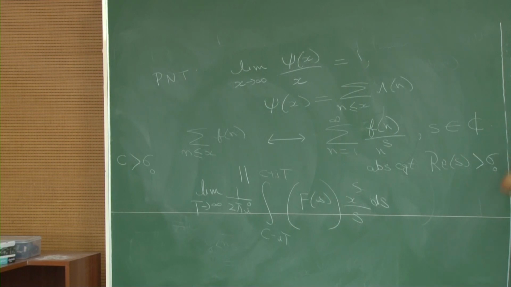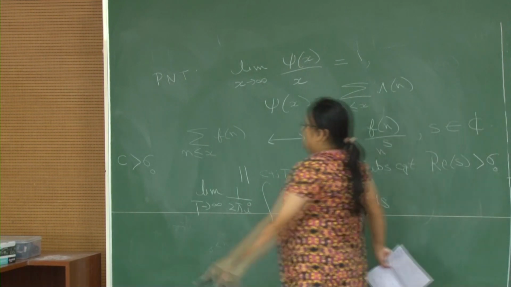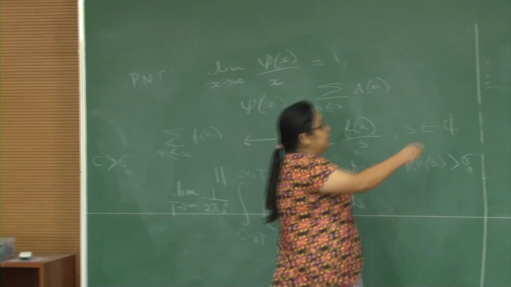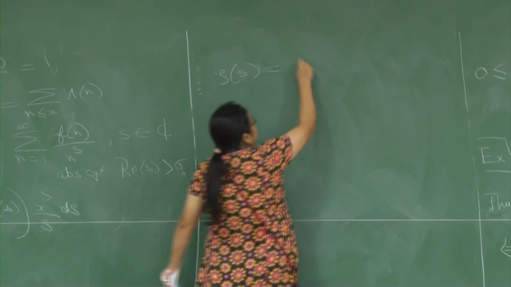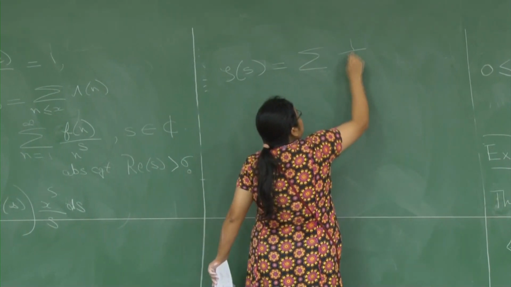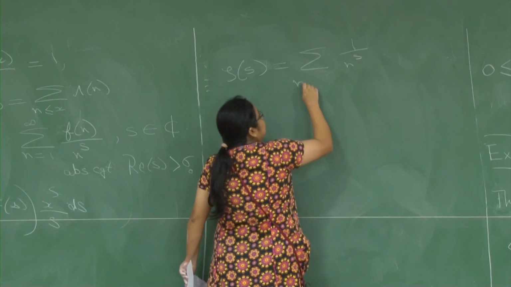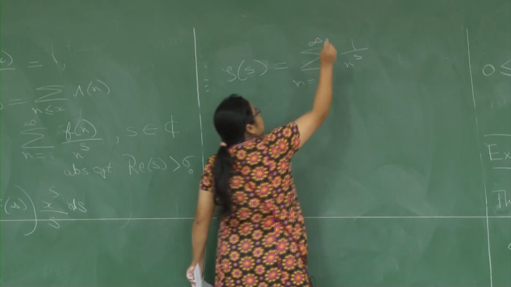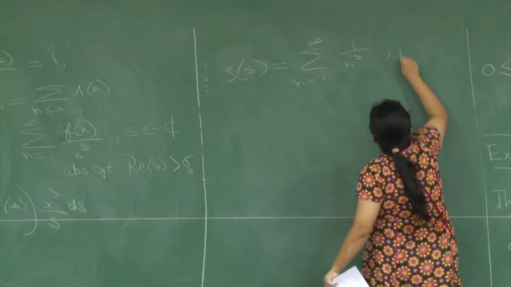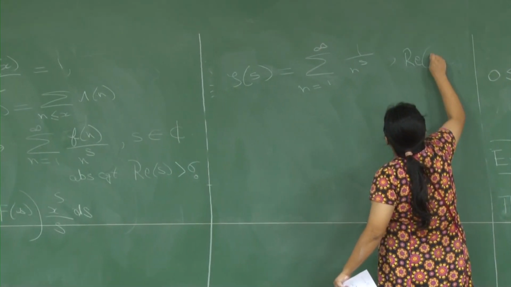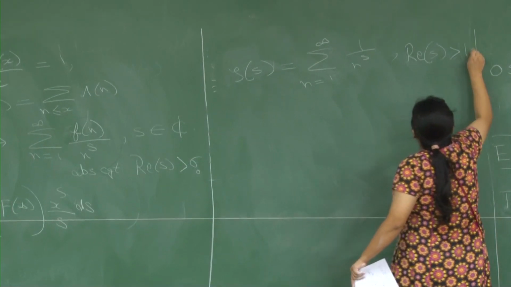And finally, I want to make a quick remark about why this technique is relevant in the study of prime numbers. This brings us to the famous Riemann zeta function, which is the sum of 1 over n to the s, n going from 1 to infinity, which is absolutely convergent in the region real part of s greater than 1.